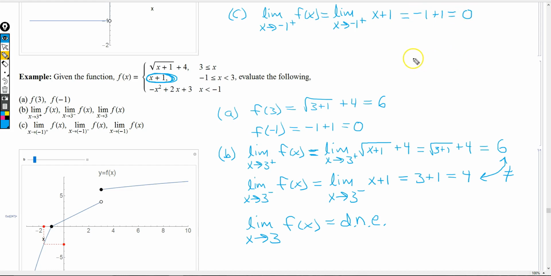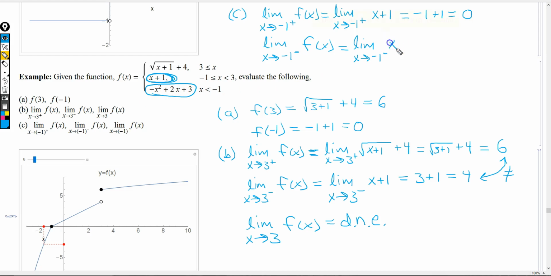Now let's take a look at the left-hand limit. x converges to -1 from the left. Which piece of the function should we use? When x is a little smaller than -1, we should use this one. So we'll put that in.